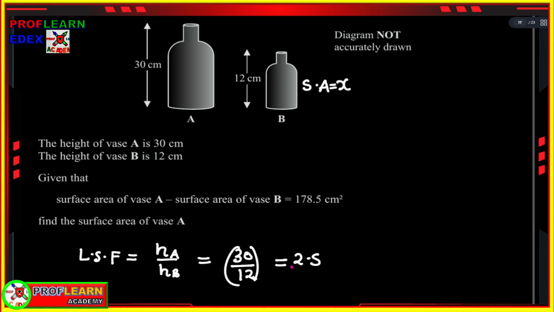Then we can get the area scale factor from the linear scale factor squared. So the area scale factor is going to be 2.5 squared, which is equal to 6.25.